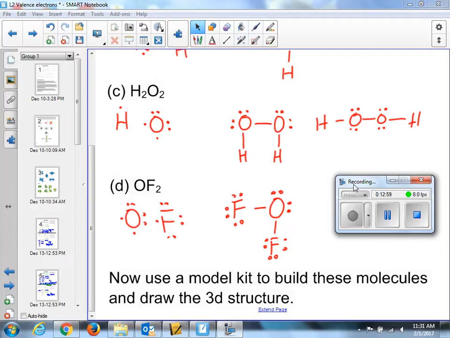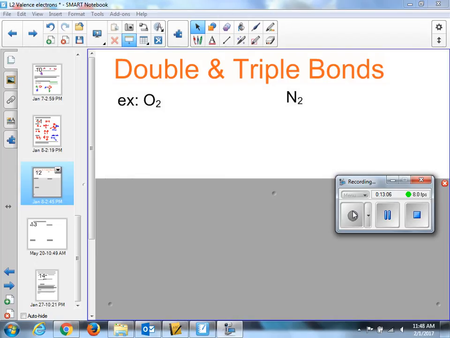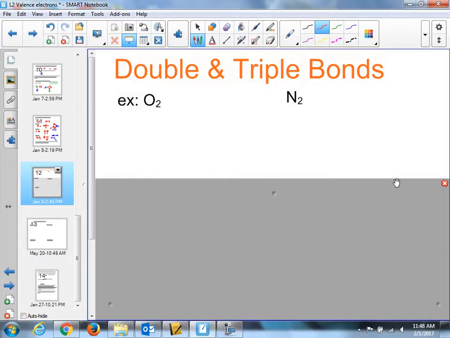I'll pause this. Obviously you can't see the model kit if you're on here. Okay, we built models, now we're going to go to double and triple bonds. An oxygen. You guys probably remember from our previous examples, how many bonds does one oxygen want? 2.